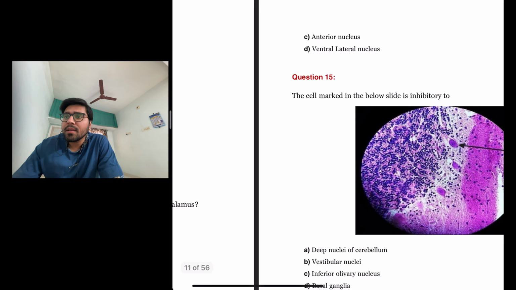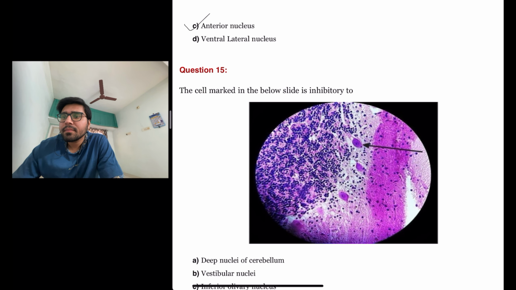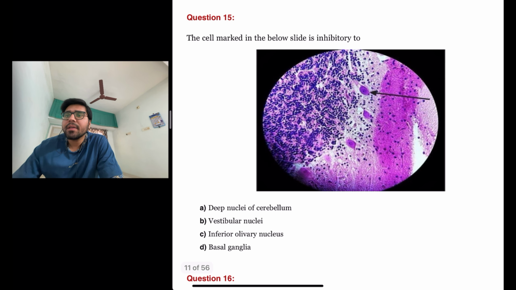So the answer here is C, that is anterior nucleus of thalamus.